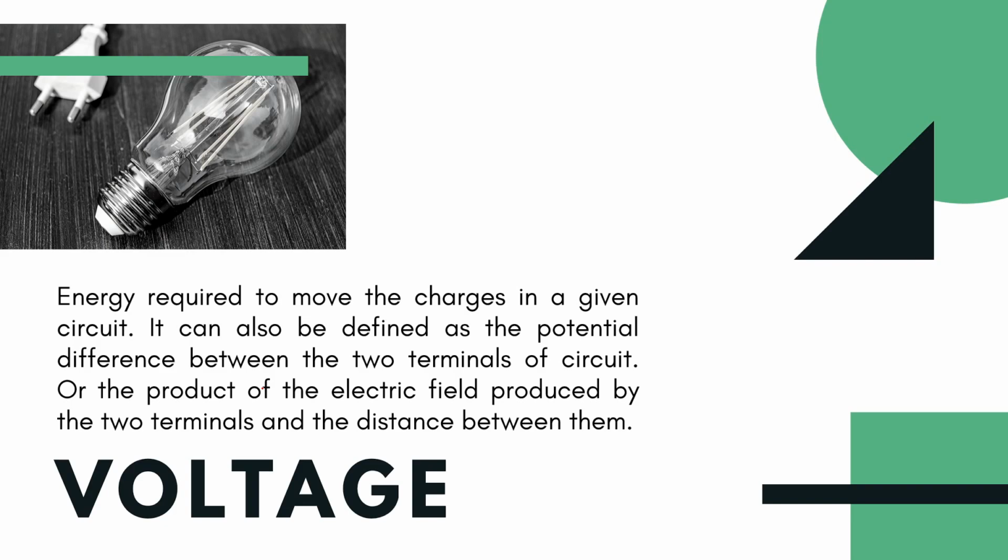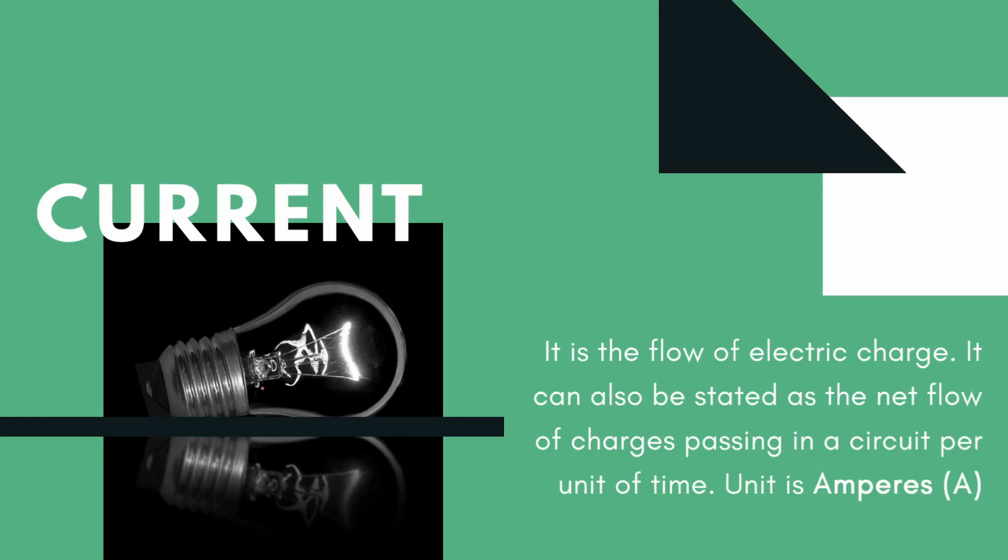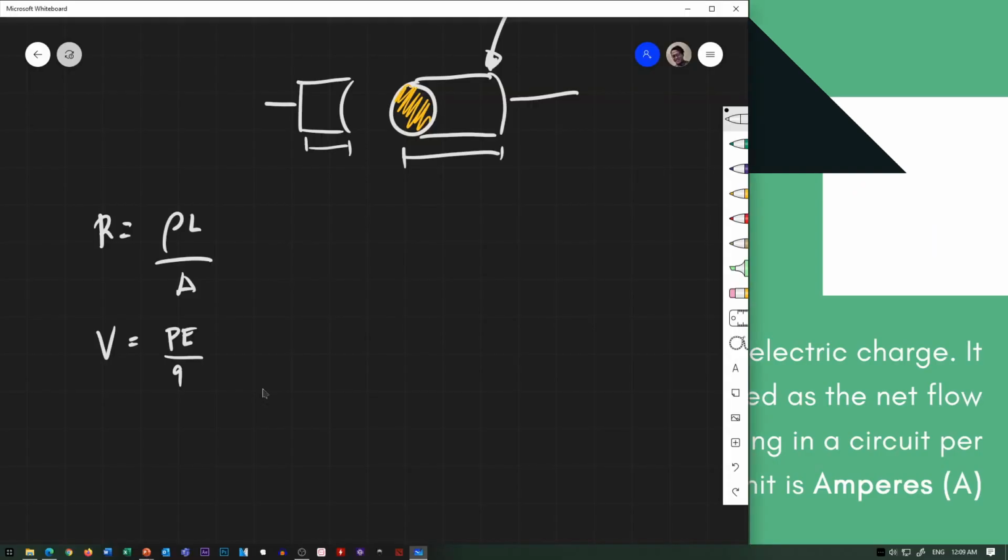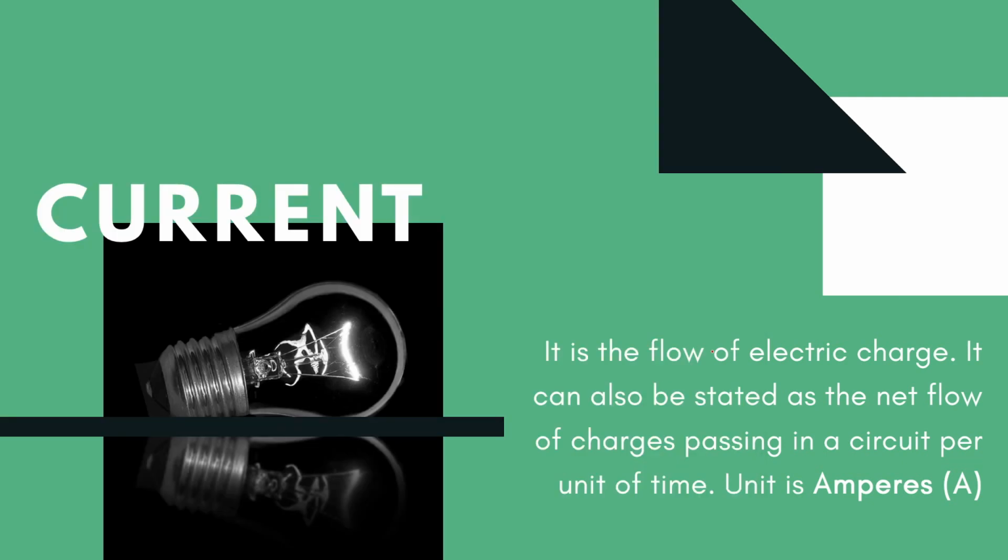For current, signified by letter I, it is defined as the flow of charge. It can also be stated as the net flow of charges passing in a circuit per unit of time.